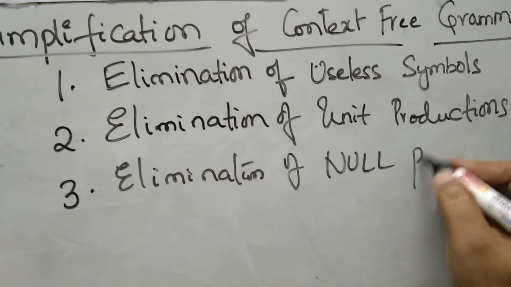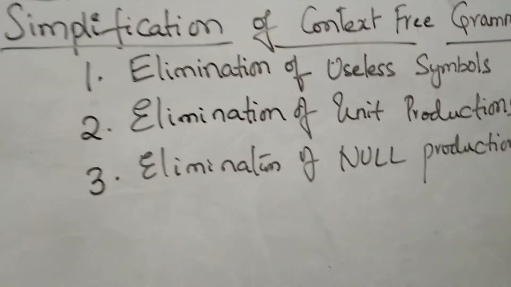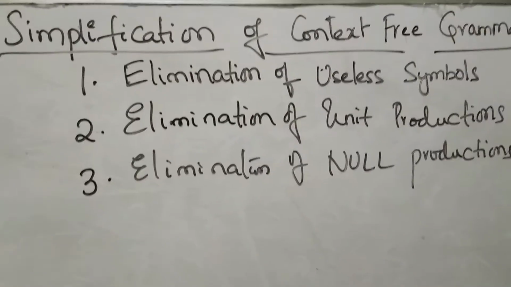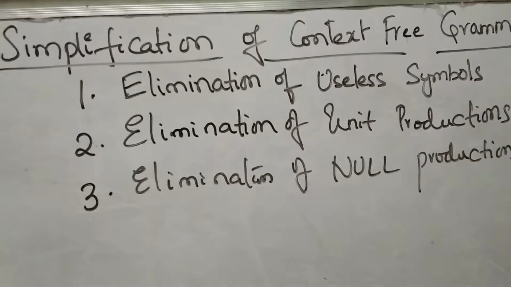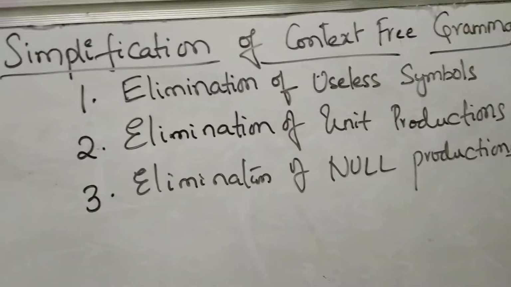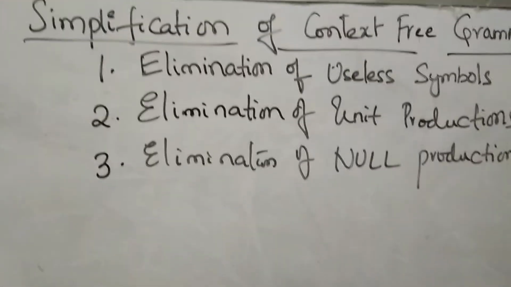You can apply these three at a time to the grammar. So the first one is elimination of useless symbols, the second one is elimination of unit productions, and the third one is elimination of null productions. Let us see them one by one.